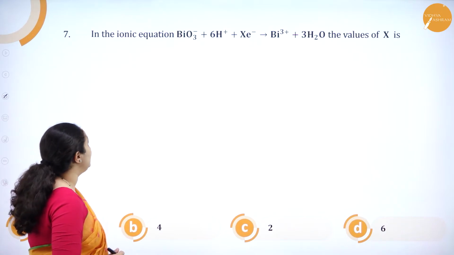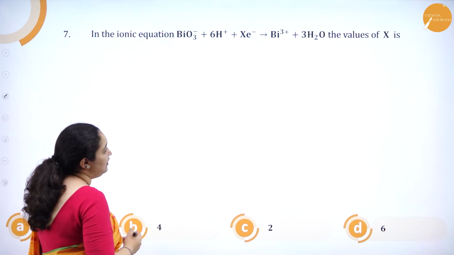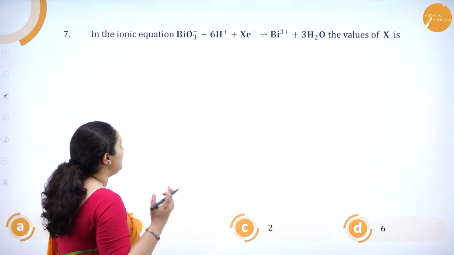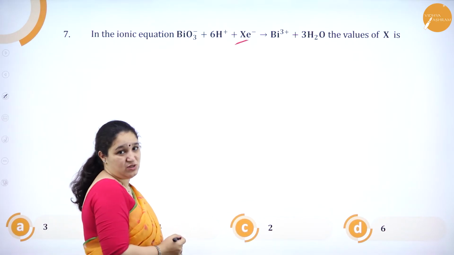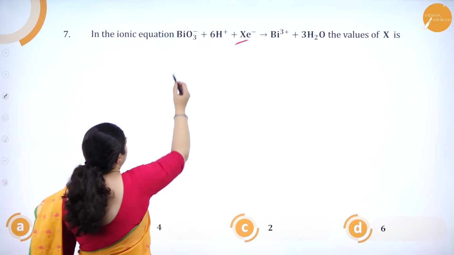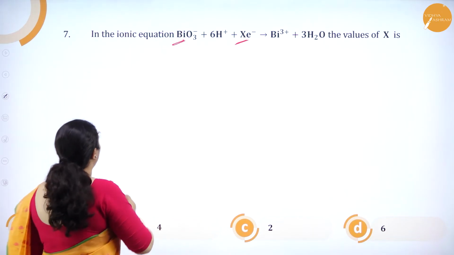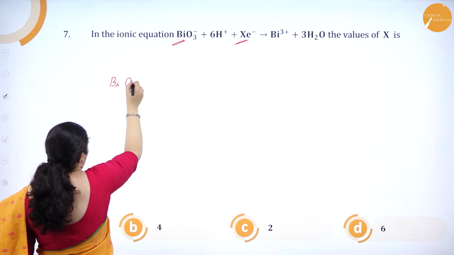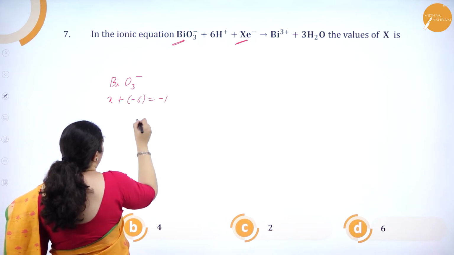Okay. So the next question: in the ionic equation given, the value of X is 3, 4, 2 and 6. So here I have to find out what this X is, that is the number of electrons. First I'll find out the oxidation number of Bi, that is BiO3 minus: X plus minus 6 is equal to minus 1.